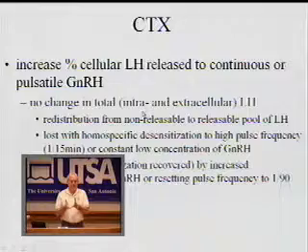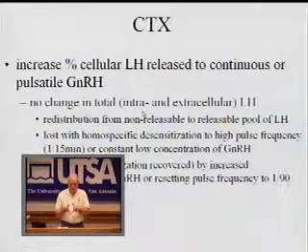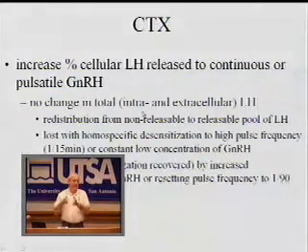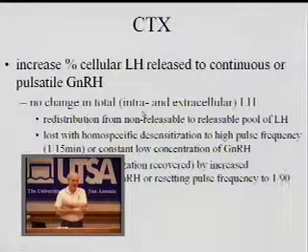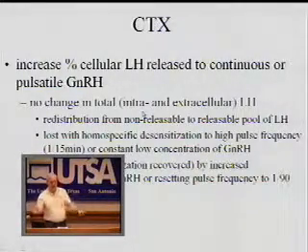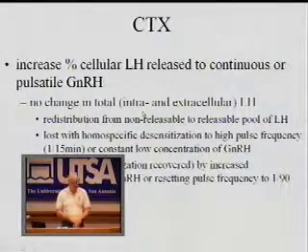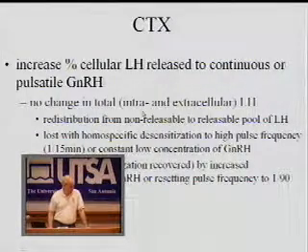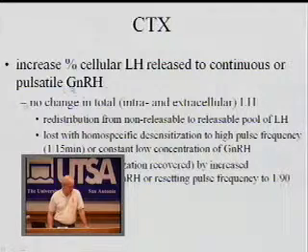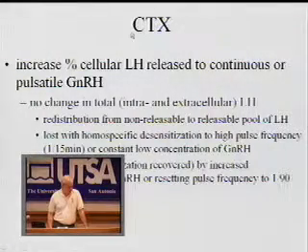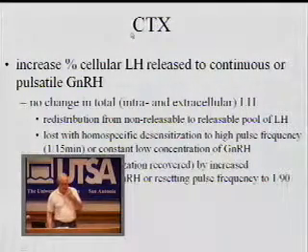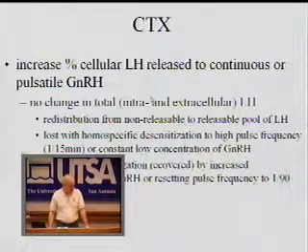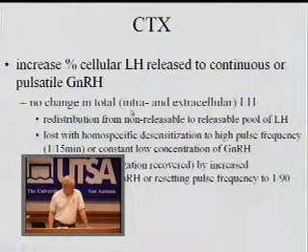You have to have enough releasable in the cell to continue to be released to sustain the extracellular, remember, and that's ultimately going to be reflected in the plasma levels of LH. So this is part of that phenomenon that we're seeing. The cholera toxin does play a role, so it is G sub S dependent by some means.